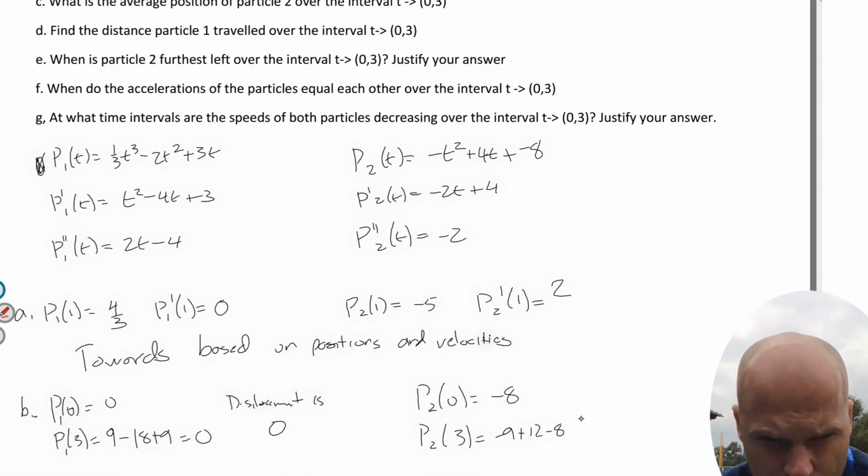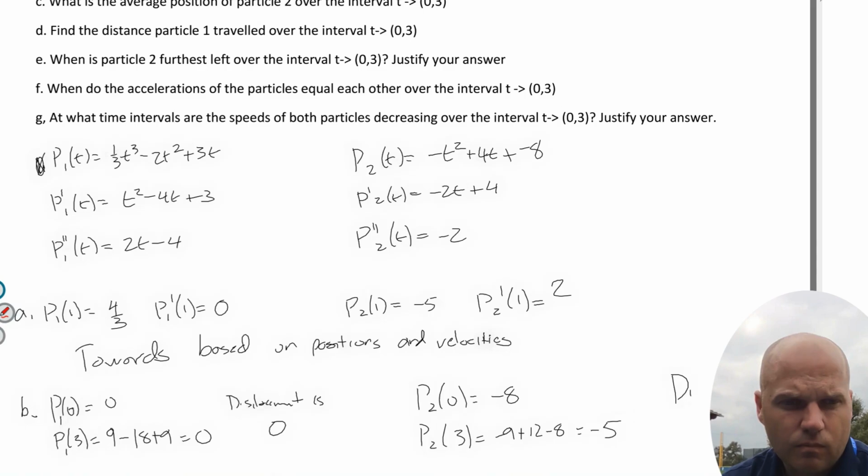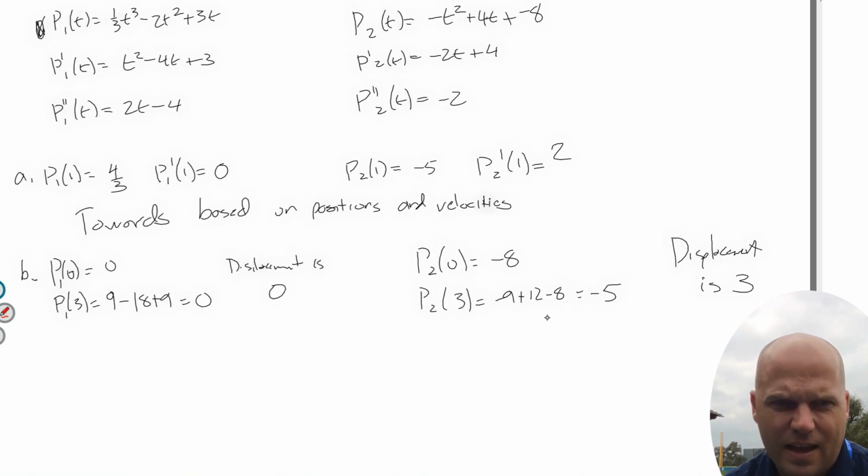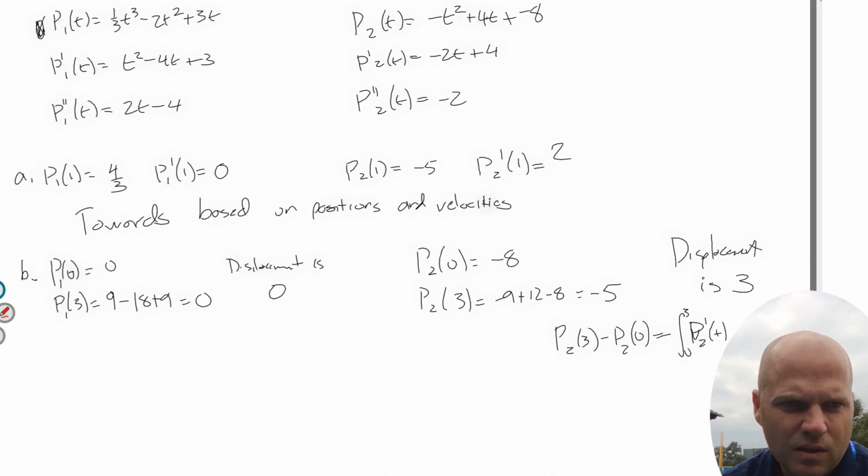Okay, so that's good. Something different. So that's 3 minus 8, which is negative 5. Particle 2's displacement is plus 3. Probably need to show your work of how you got that, whether you did P of 3 minus P of 0, or you accumulated the velocity from 0 to 3.